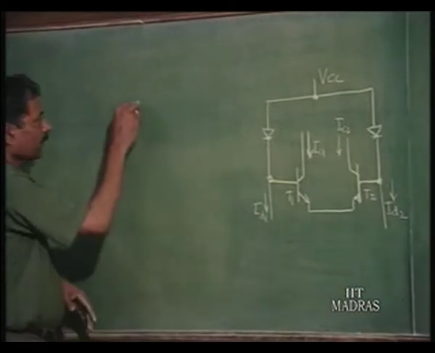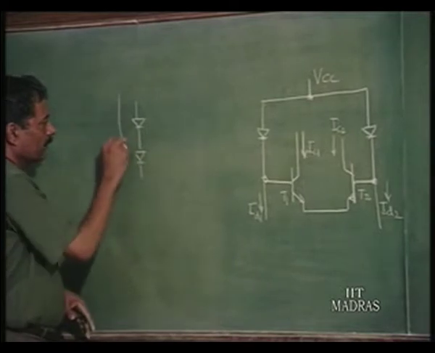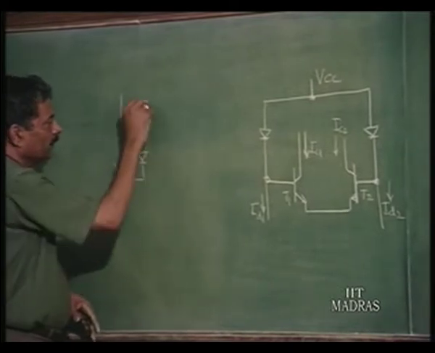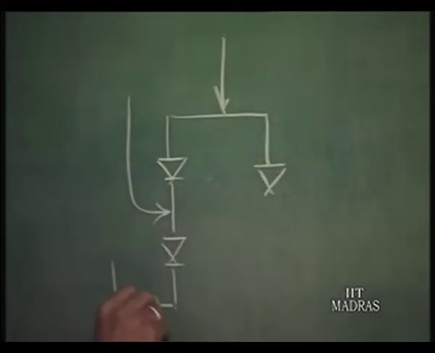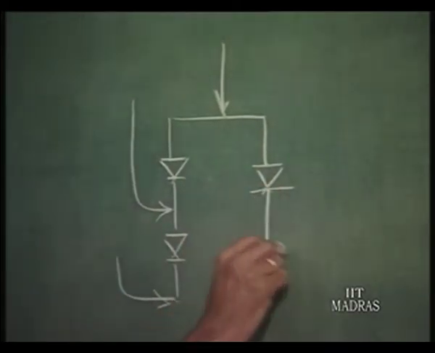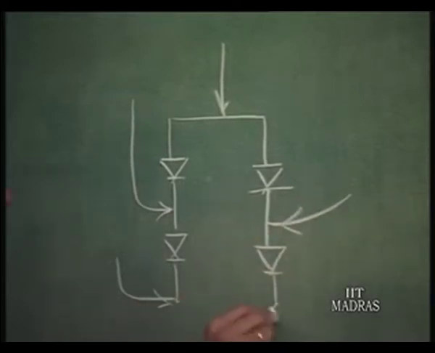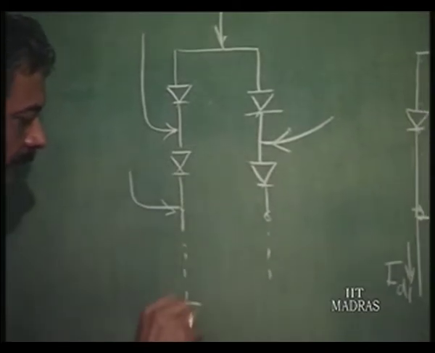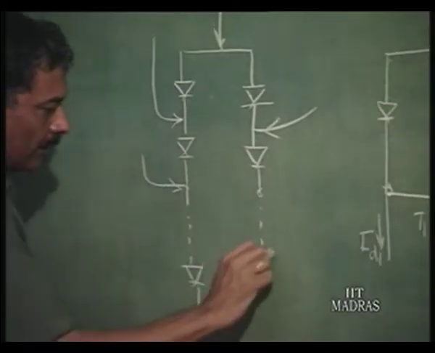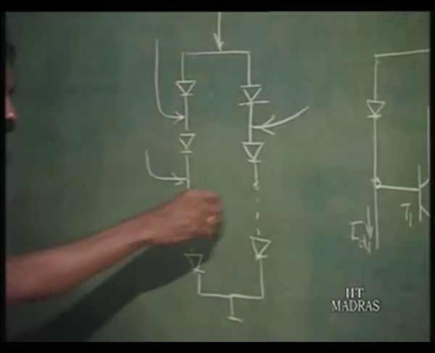It could be just simply this, I have so many diodes, let us say, with some kind of currents coming in here, okay, and maybe current coming here also. So, suppose we have a string of diodes, all of them form a loop, let us say.